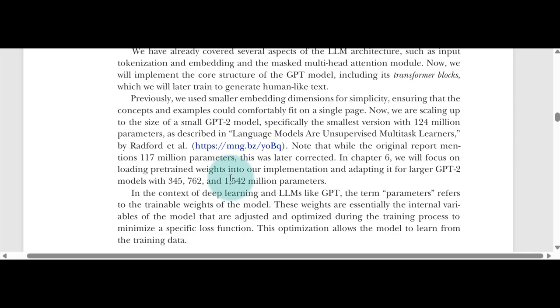So once we learn how to do it though, then we'll actually just take the pre-trained weights that were developed for the actual GPT-2 and just implant them in our model, so to speak. So then we'll have a good model. He just reminds us that the term parameter refers to the trainable weights of the model. So we won't go into that again.